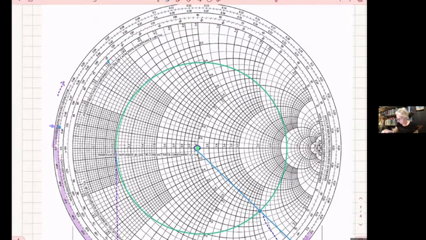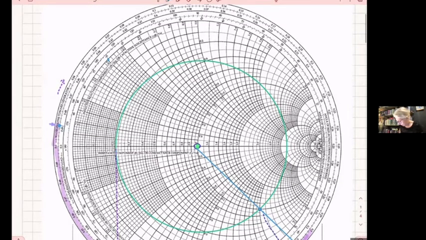Okay, and then I connect that point with the center of the Smith chart. That's not exactly connected. Okay, I need a straight line. There.